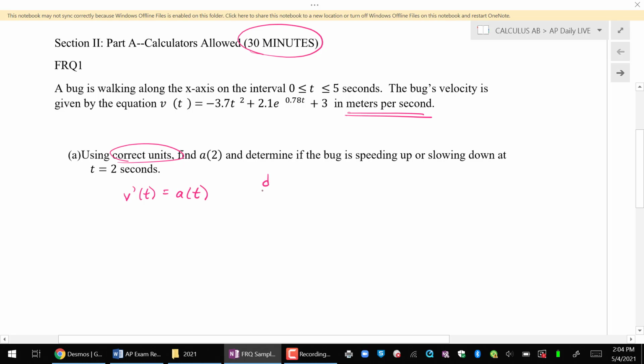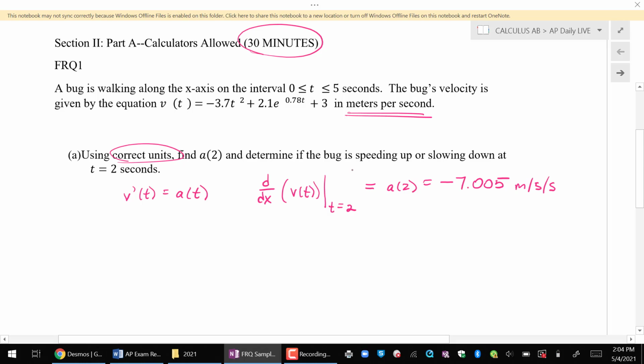So again, it's going to look like this, d dx of my velocity function, and I want to know what that equals when time equals 2. So on my calculator, I get a value for a of 2 of negative 7.005, and that's meters per second squared because it's an acceleration value.